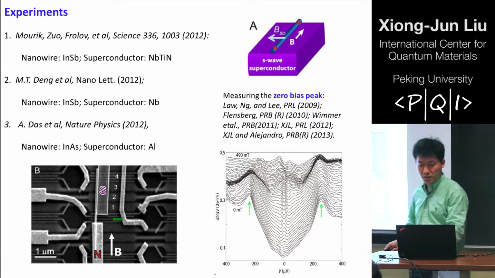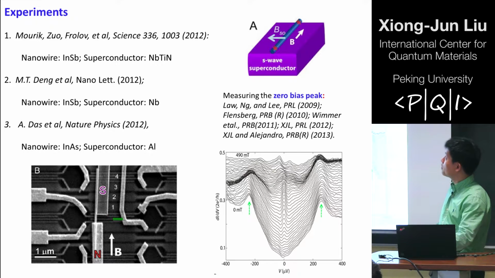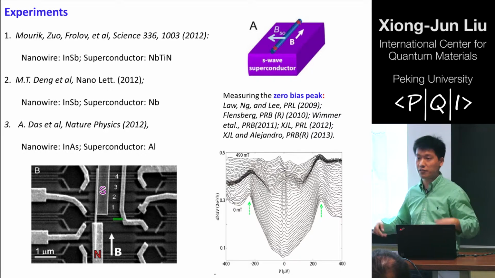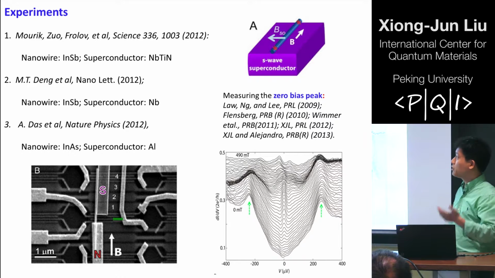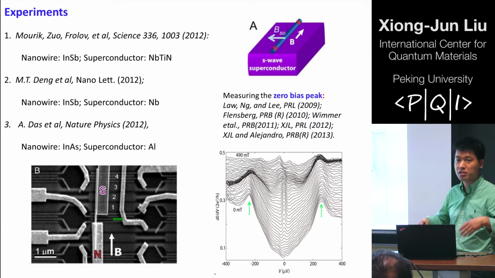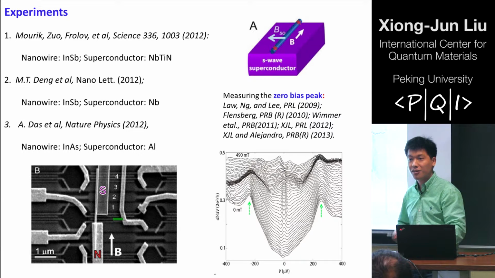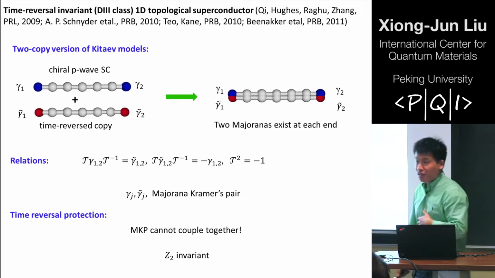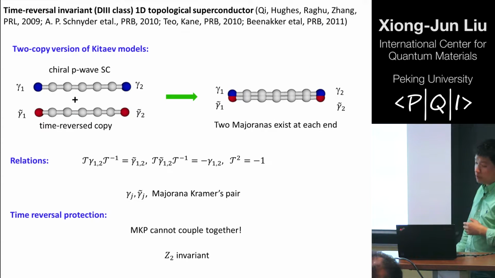But so far it is still not confirmed, since we need better signatures to confirm the Majorana fermions. Sager is working on this, and I think he has many interesting results. Okay, now I should go a little bit faster.